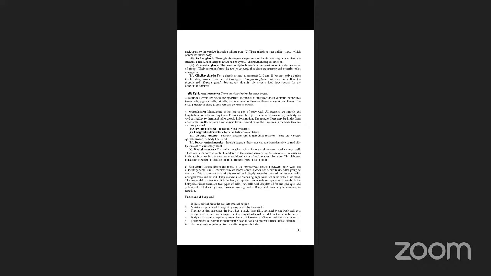It has pigmentation and a highly vascular network of tubular cells, and their intracellular branching capillaries are filled with red fluid. This tissue almost fills the body except the hemocoelomic spaces or channels.